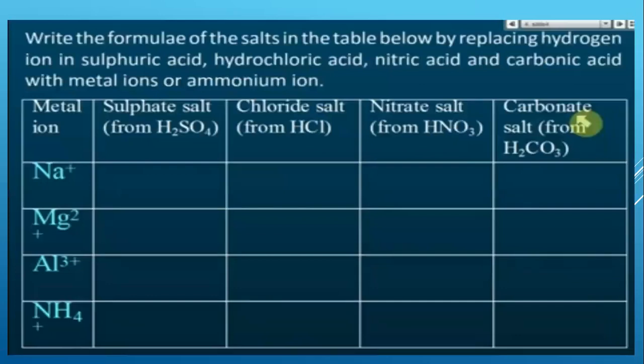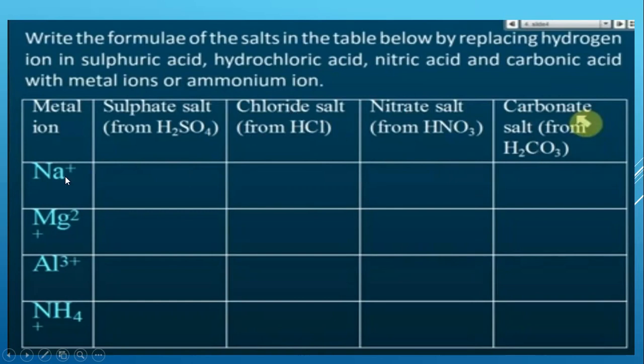Now we can produce salts from different acids, like sulfuric acid gives sulfate salts, HCl gives chloride salts, nitric acid gives nitrate salts, and carbonic acid gives carbonate salts.